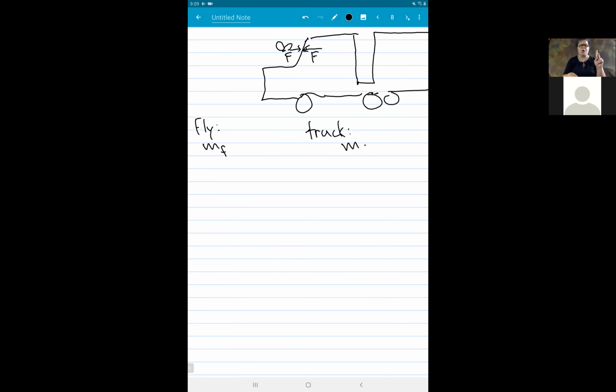That little force there is equal to the mass of the fly times the acceleration of the fly. That same force is also equal to the mass of the truck times the acceleration of the truck, right? So they're equal to each other. Mass of the fly times acceleration of the fly is equal to mass of the truck times acceleration of the truck. Those things have to be equal, and we know already that the mass of the fly is much, much smaller than the mass of the truck.